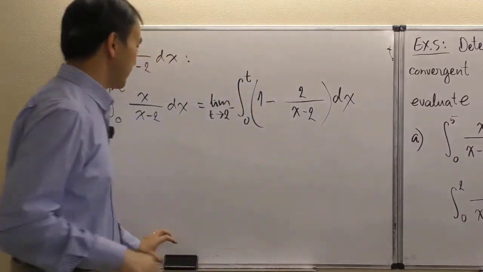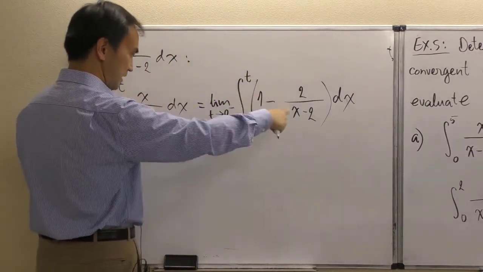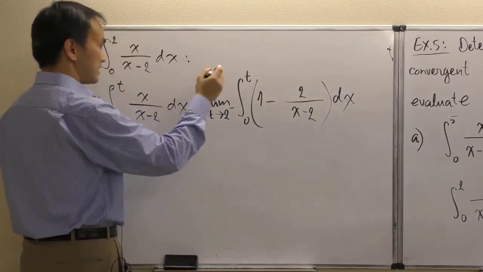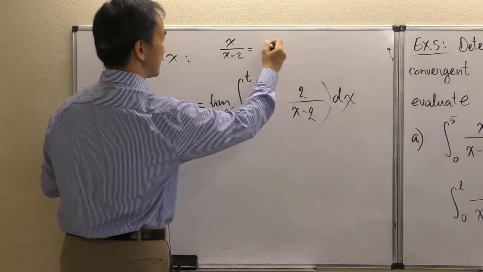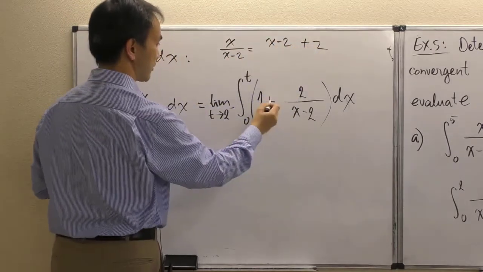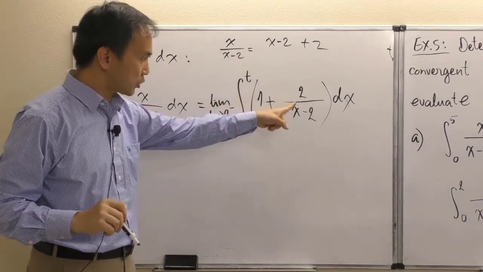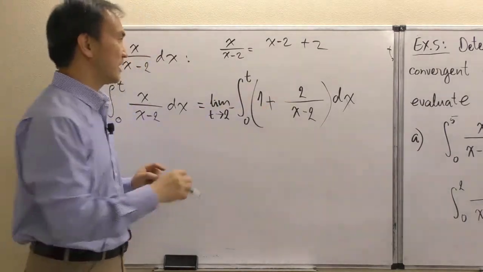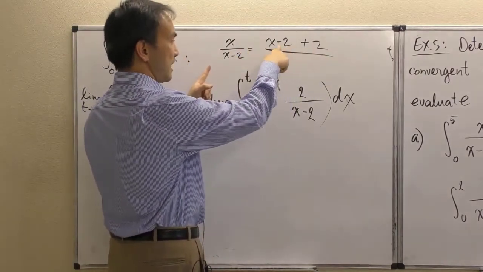If anyone questions how I got that separation, simply x over x minus 2 is the same as x minus 2 plus 2. And I just now realized I made a little mistake. It should be 1 plus 2 over x minus 2. But back to this, algebraically, I can always add minus 2 and plus 2.